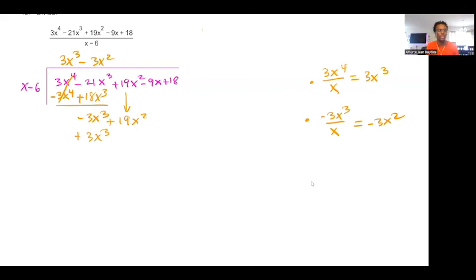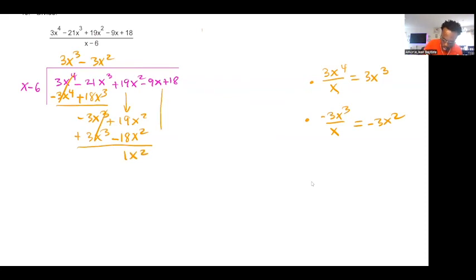And then negative 3x to the third times 6, negative 6, is positive 18x to the third, that I subtract 18x to the second, sorry, over here, cancel this, and I got 1x squared left.